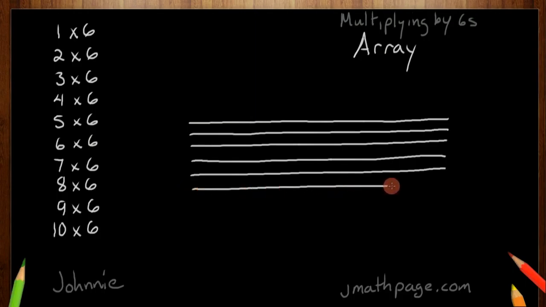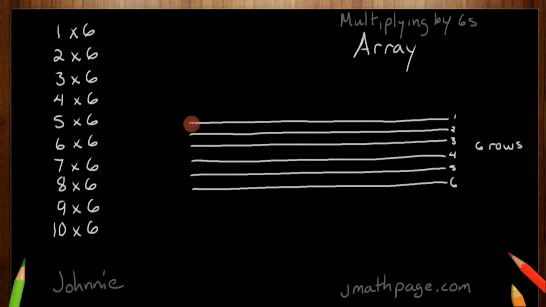Those are pretty good rows. Let me mark them off. So I have 1, 2, 3, 4, 5, 6 rows. So I have 6 rows. Okay, and that's the number we care about today.